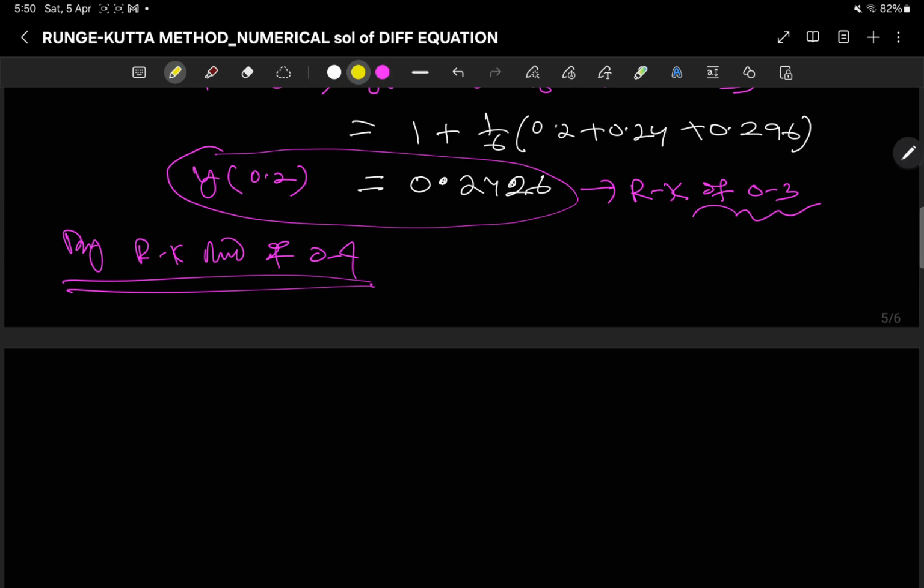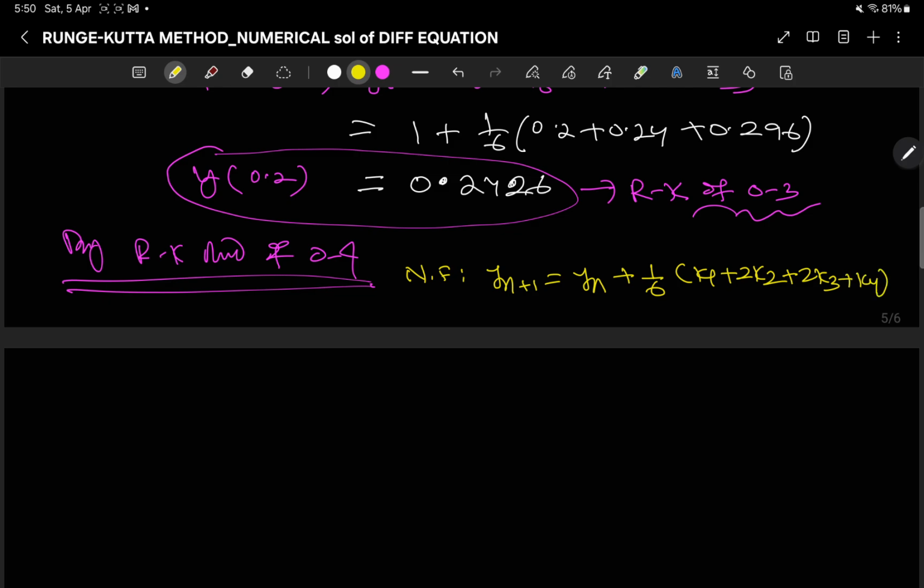Okay, what is the necessary formula? The necessary formula is yn plus 1 is equal to yn plus 1 by 6 (k1 plus 2k2 plus 2k3 plus k4).